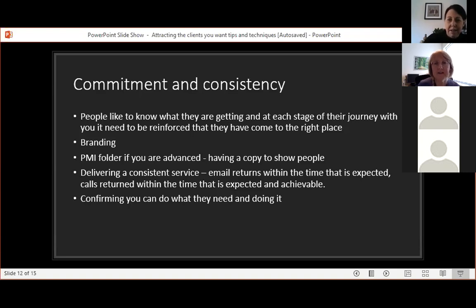Yeah, I think one of the key things that you just mentioned was about people like to know what's going on. And so I think one of the critical things about this commitment and consistency is having that defined in the relationship.